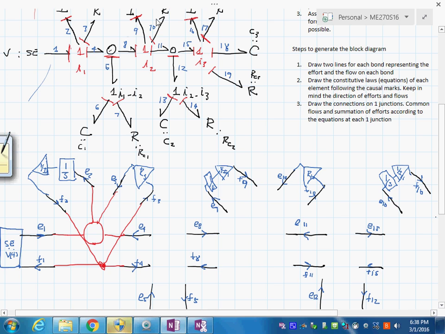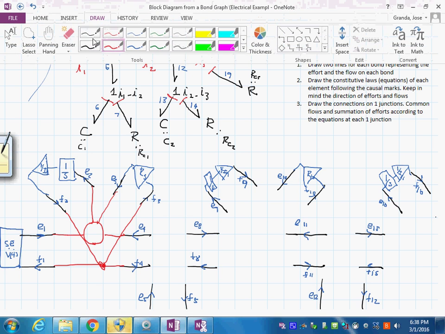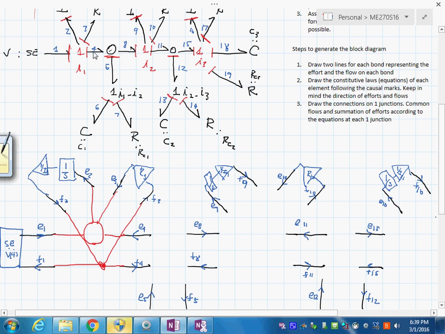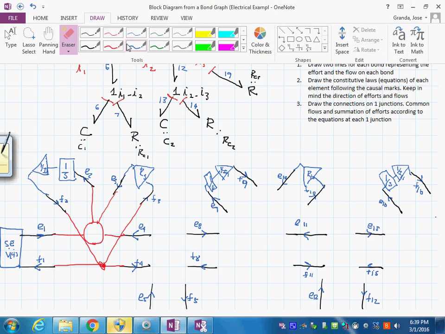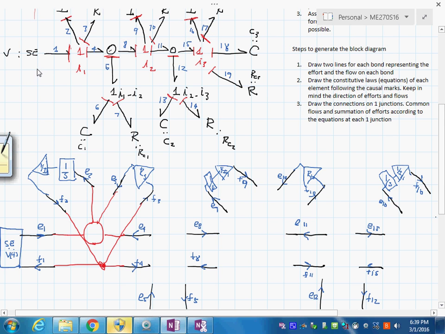But how? You see, this is coming this way, all this. The one going out is E sub 9. Is that right? Yeah, it's E sub 9. This is E9, 9 in here.